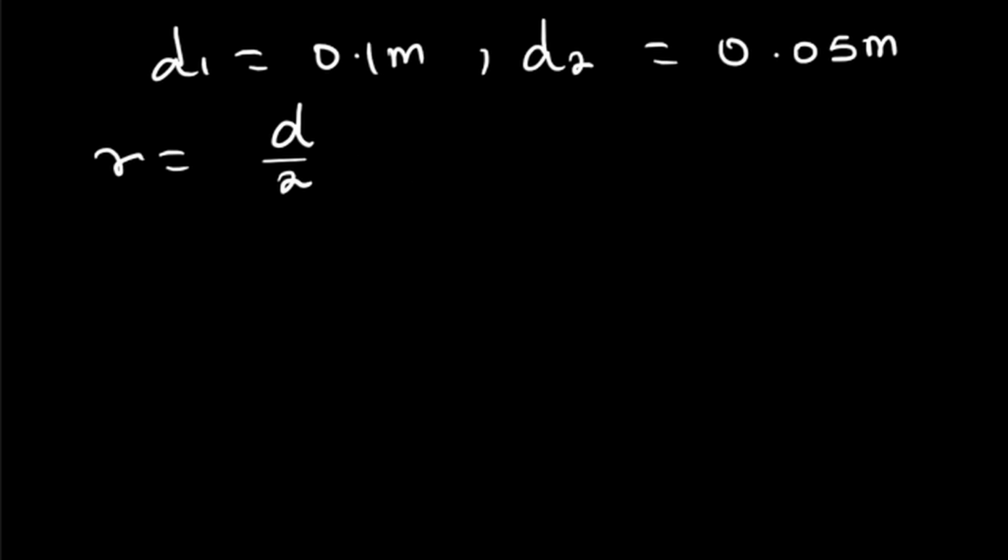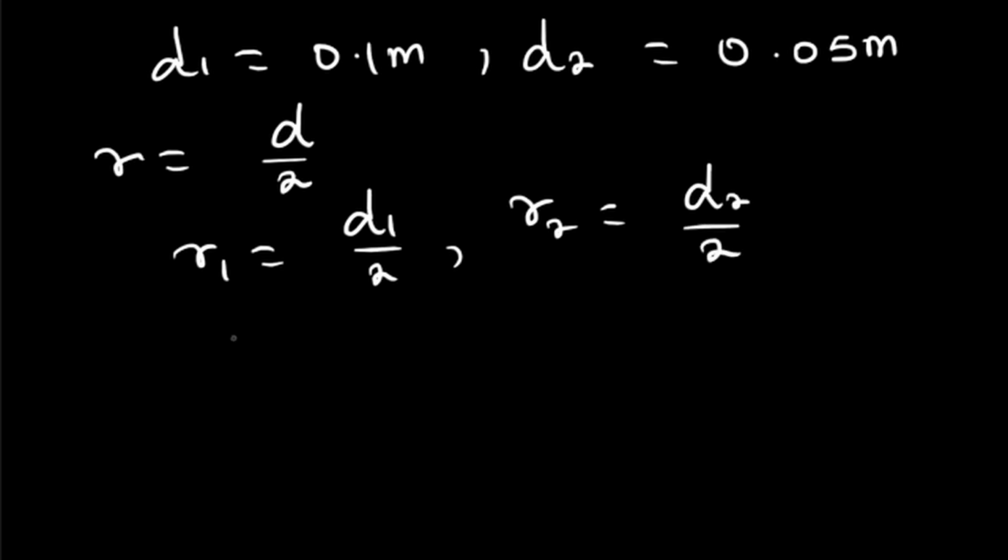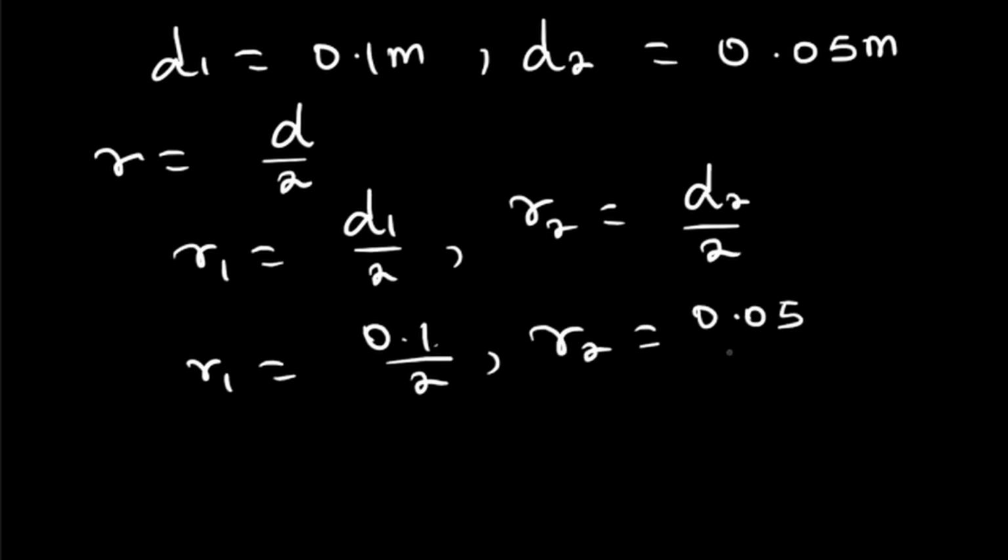And what is our radius in this case? For the first one, we have that r1 is equal to d1 over 2, and then r sub 2 is equal to d2 all over 2. Let's substitute. We said that our r1 is equal to our first diameter, 0.1, all over 2. And the second one, r sub 2 is equal to 0.05 all over 2. Remember, we're still solving for the radius.